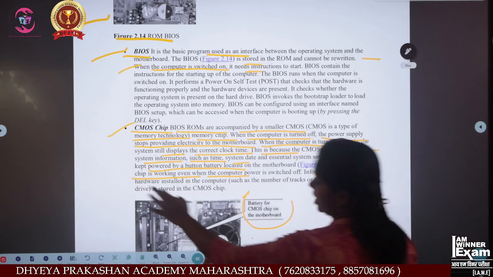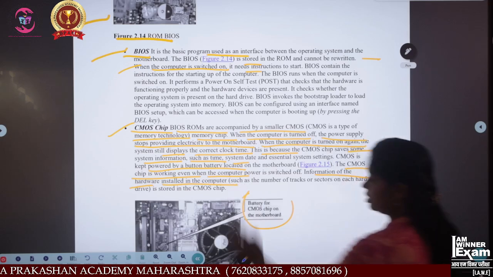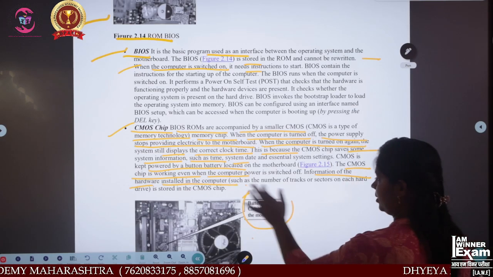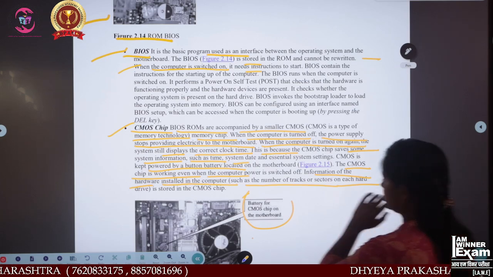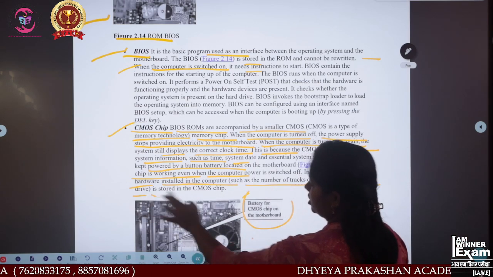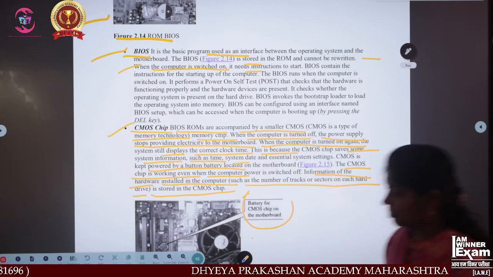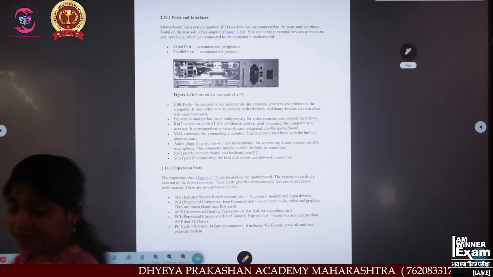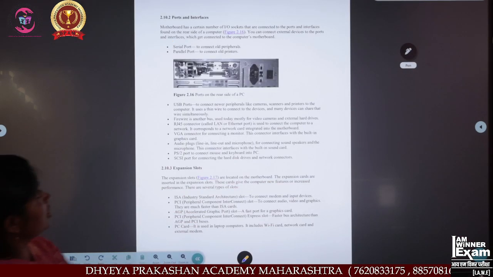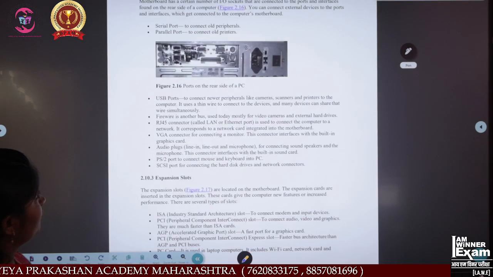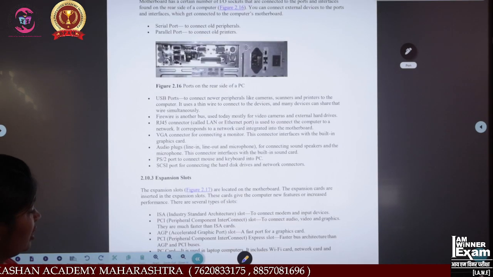Information about the hardware installed in the computer, such as the number of tracks or sectors on each hard drive, is stored in the CMOS chip. Now next one is ports and interface. What is meant by ports and interface?